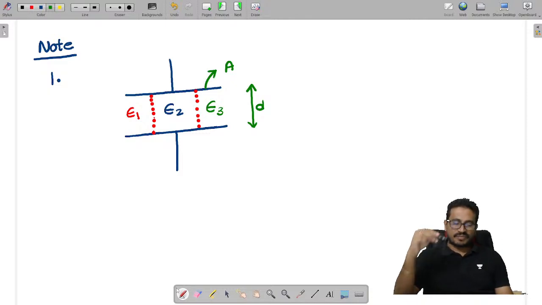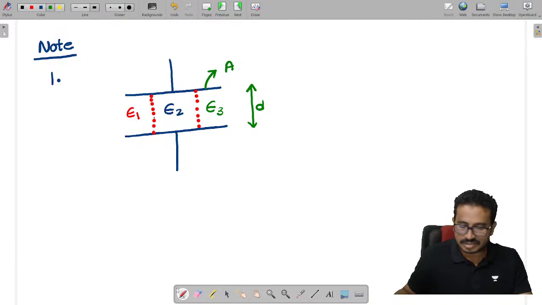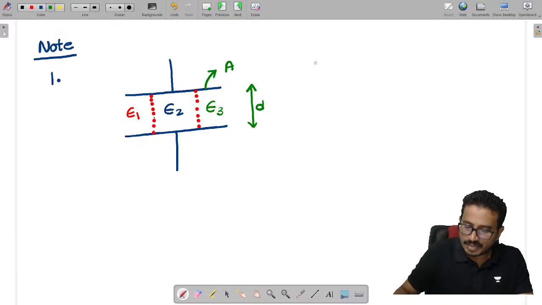So because of the filling, अगर आपने ध्यान से देखा तो what happened to the capacitance I want to find?